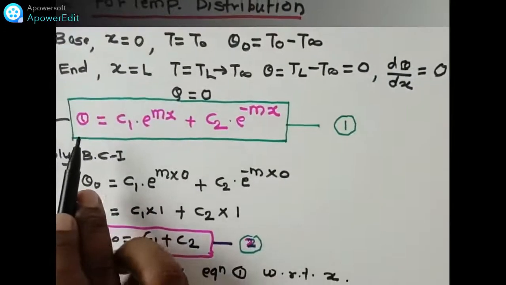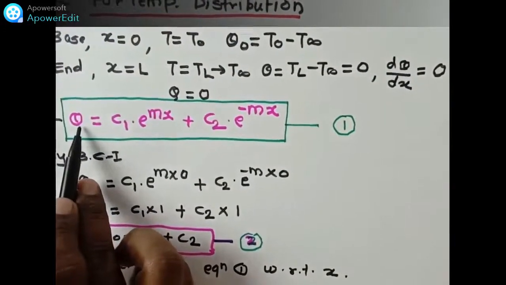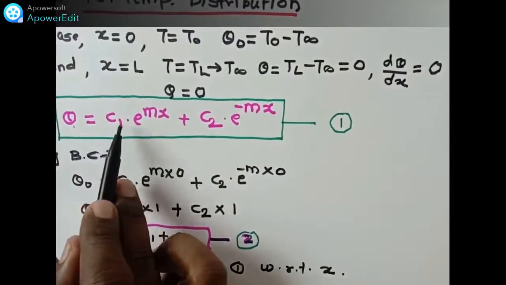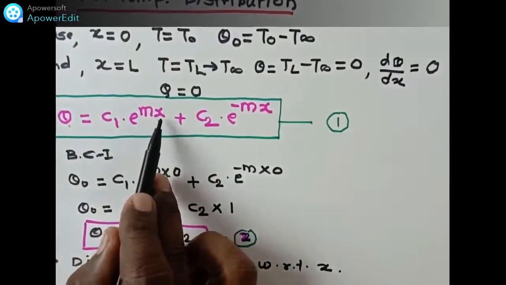That will be d theta by dx is equal to C1 into differentiation of e raised to mx.